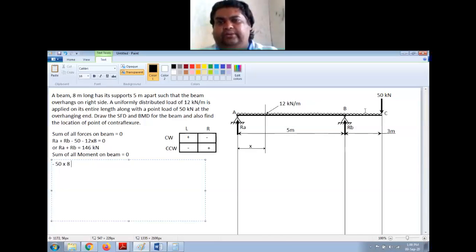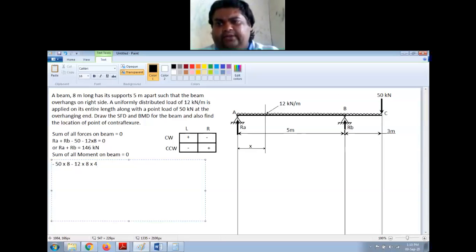So the sign will be negative for this also. Minus 12 into 8, and 8 is the total length. It is acting at the midpoint here. So that will be 8 by 2, and that is 4 meter. This is the downward force.